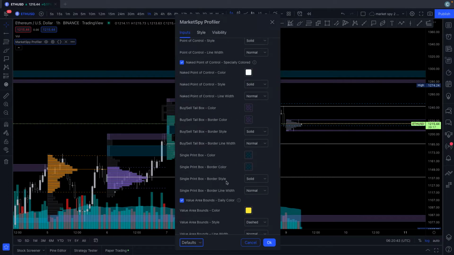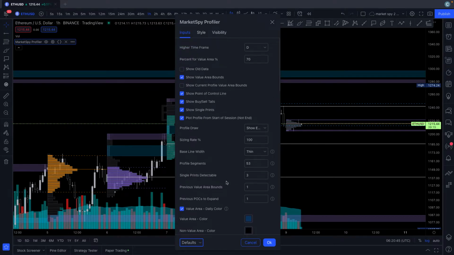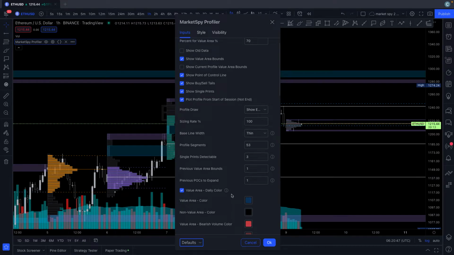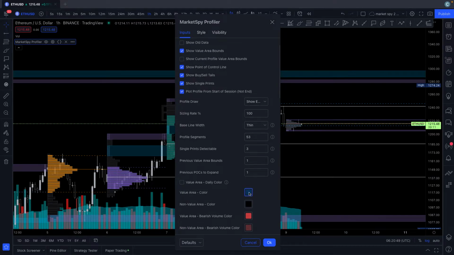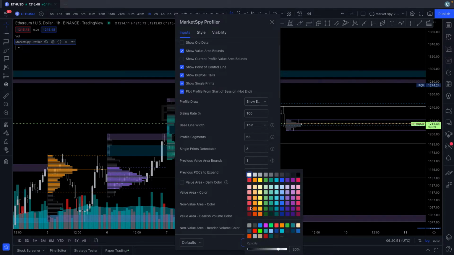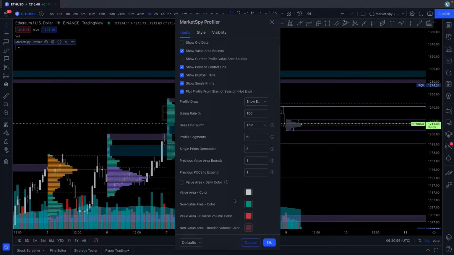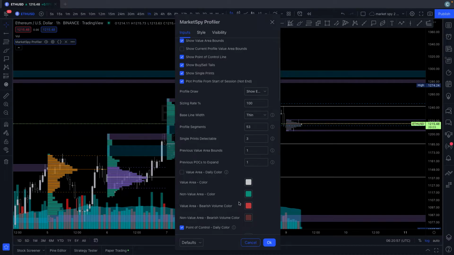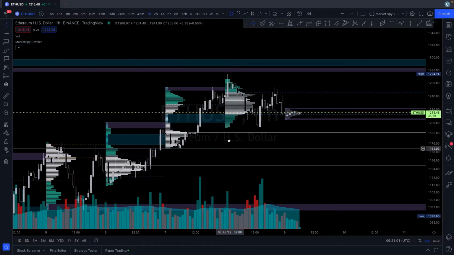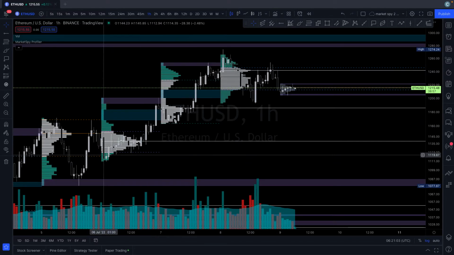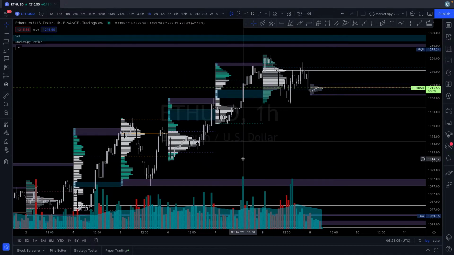Or for you more old school people that do not like colors, you can change it all to one color. So all the profiles can be the exact same. If you prefer all your profiles to look the same color, that's no problem.